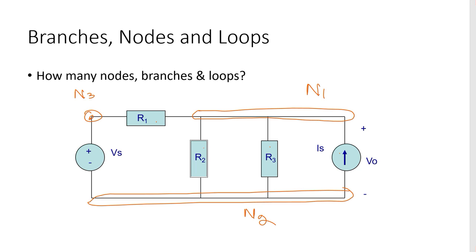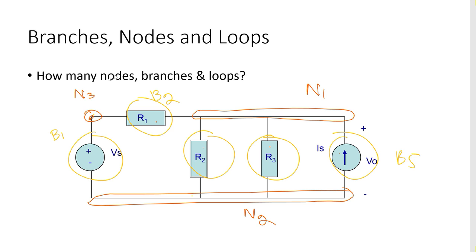Now coming towards loops and branches. The connection between two nodes is a branch. So this is one node, this is another node, so this is a branch, one branch, B1. This is our branch B2, B3, B4 and B5.